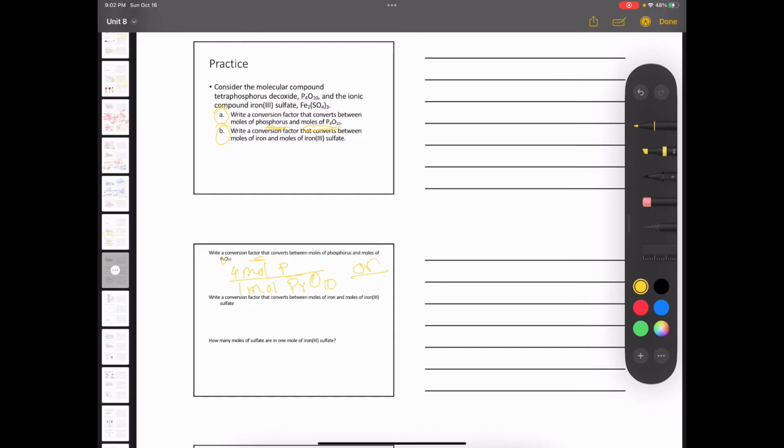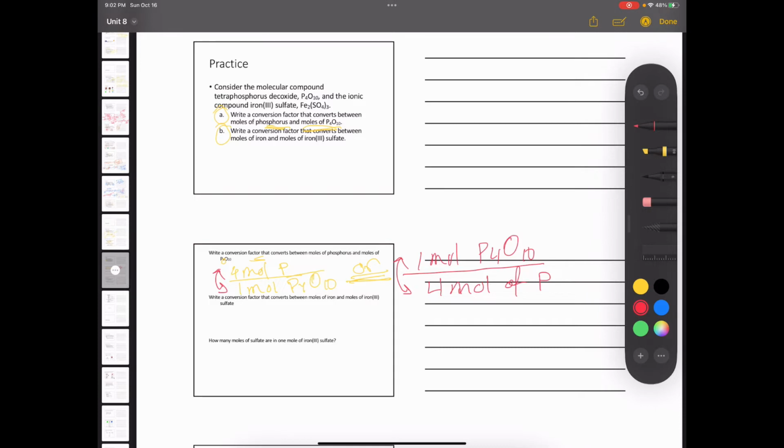Or I can also say 1 mole phosphorus oxide, 4 mole of phosphorus. I can rearrange my fraction depending on the unit that I'm trying to convert from and convert to. Okay?